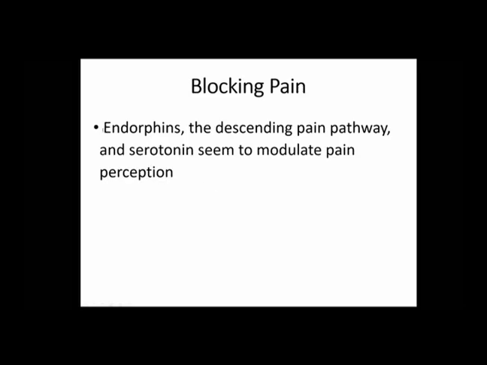So it seems like some of our endorphins, that descending pathway, and even serotonin can modulate how we're perceiving pain. So they can either lessen the signals that are coming in, or lessen our reaction to those signals, or maybe a little bit of both. But this is a very complex setup again, so we're not 100% sure what's going on.